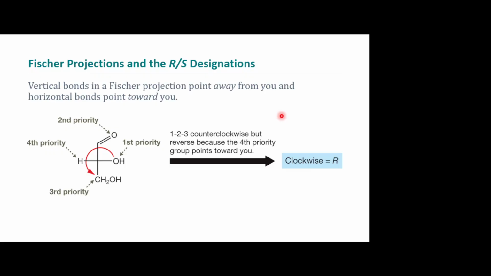So this is how you actually get the R and S for a Fischer projection, and it's going to have a little bit of rules that we have to understand. Again, the vertical bonds point away from you, the horizontal bonds point towards you.